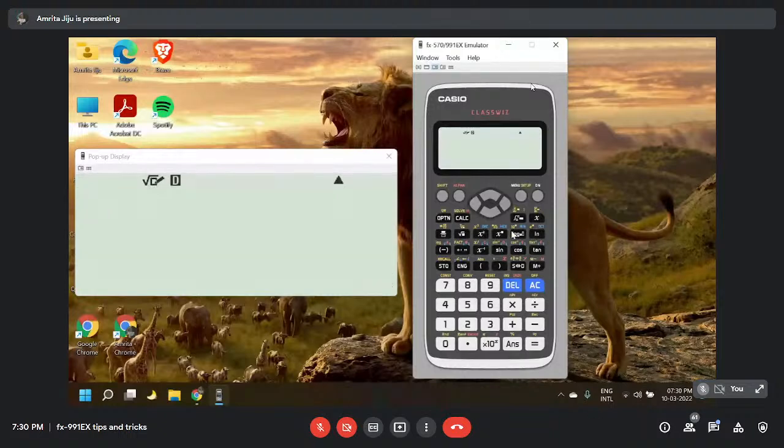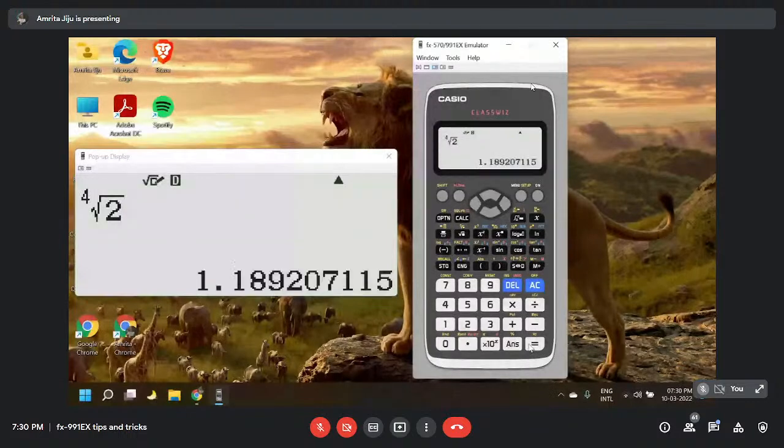Similarly, if you want to find the nth root of a particular number, just click shift and this button. So now say the 4th root of 2. You will get the answer like this. This is how it works. We can say that this button is the generalization of these two buttons. You can use 2 or 3 here, but for convenience, the square and cube buttons are given as shift buttons and normal buttons in this calculator.